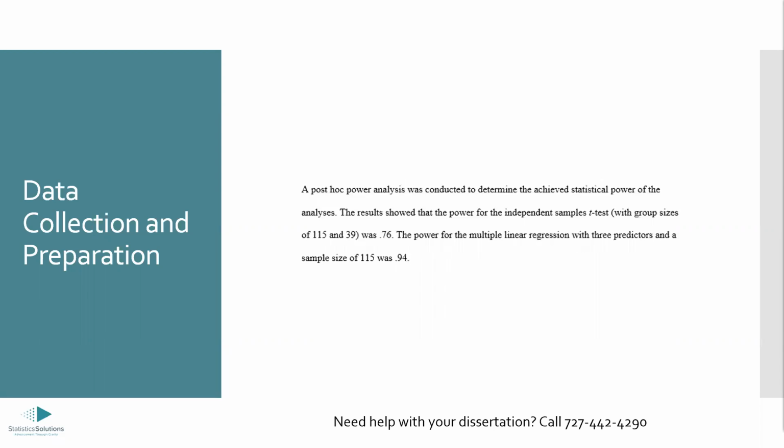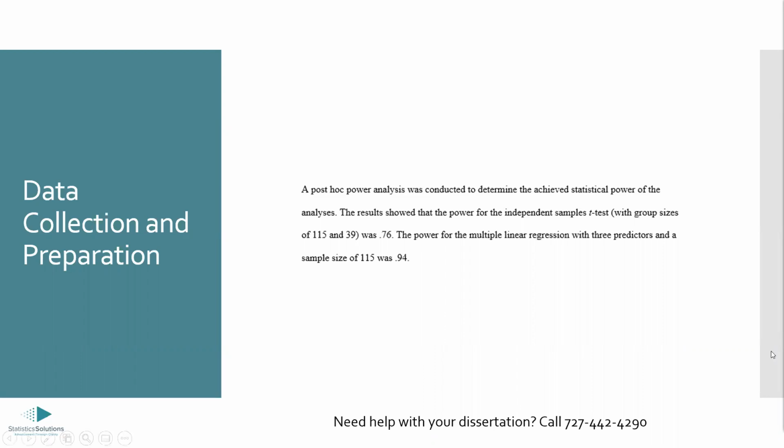And here's an example of how you might write up a post hoc power analysis. So, if you didn't meet your target sample size or you didn't get statistically significant results, you may be required to do a post hoc power analysis. So here, we state that we're doing a post hoc power analysis. We're stating the statistical tests that we're doing the post hoc power analysis for.